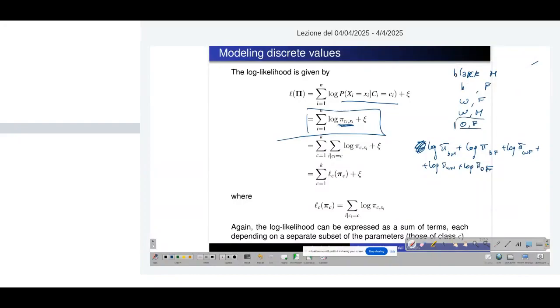The sum of the probability of orange given female, white given male, white given female, black given female, and black given male.